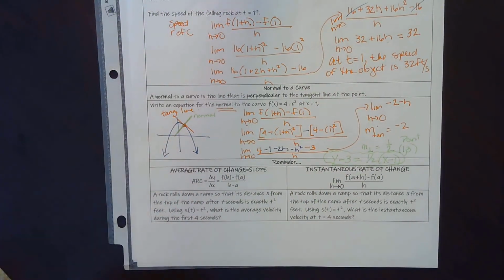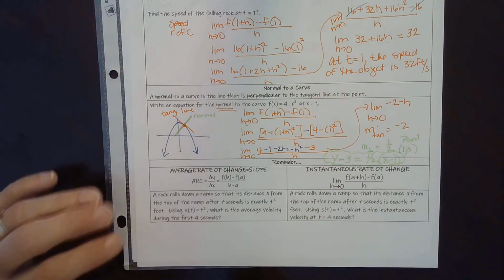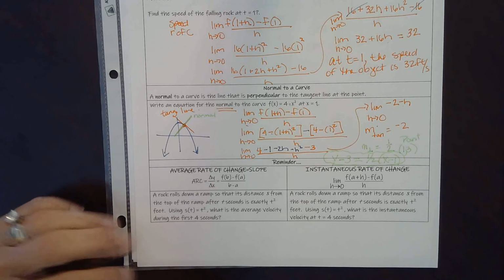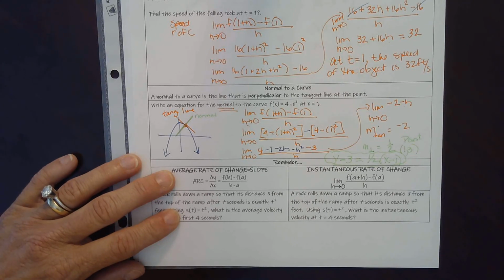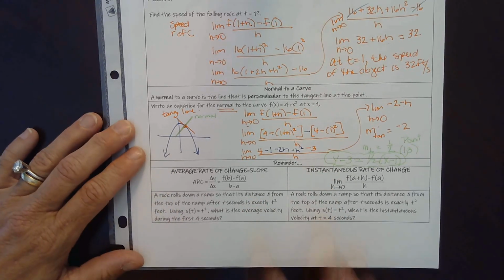Those are the two things: average rate of change, instantaneous rate of change, and how they are different. Okay, so I'm going to stop there, and we will maybe look at these two examples in class.